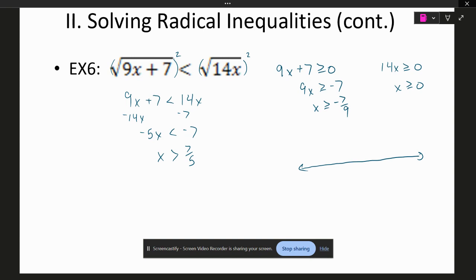Now all three of these will go on the number line. Start with 0, since it's kind of like the centerpiece for everything. And that's going to go forever that way. I've got negative 7/9. And then I have 7/5.